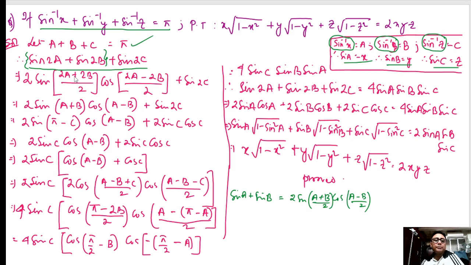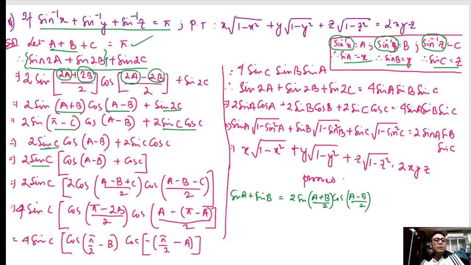Using this, the 2s cancel and it becomes this. Now a plus b is pi minus c, and sin 2c is 2 sin c cos c. Sin of 180 minus theta is sin theta, so it's sin c. Taking 2 sin c common, it becomes this. Now again it is cos of (a minus b) plus cos c.